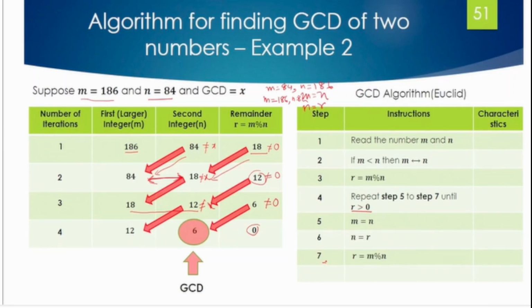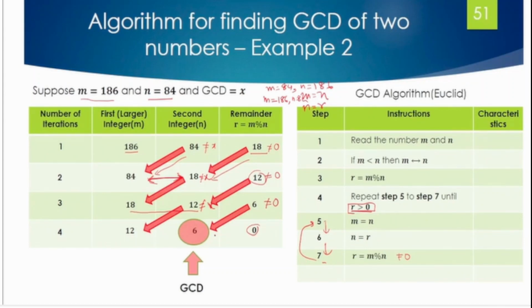So if r is not equal to 0, then go to step 5 again and continuously execute these 3 steps. The moment your r equals 0, you will no longer execute steps 5 to 7. If this condition is violated, it will not execute 5, 6, 7 anymore.